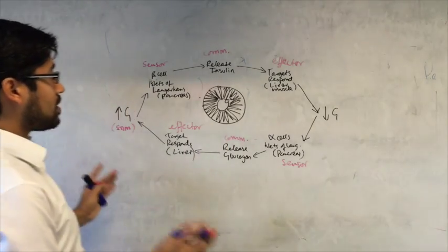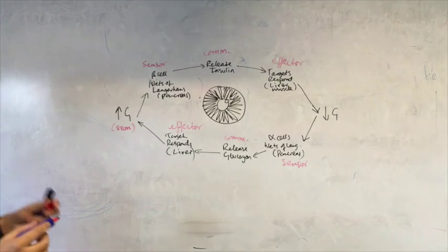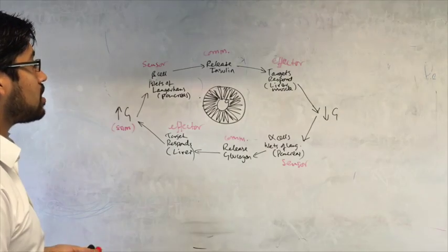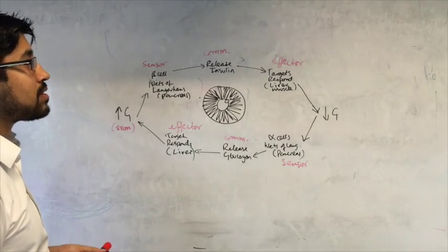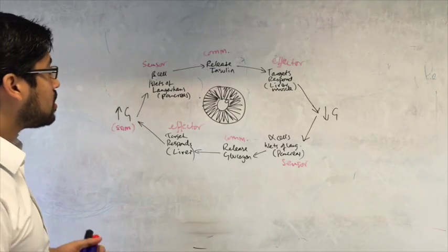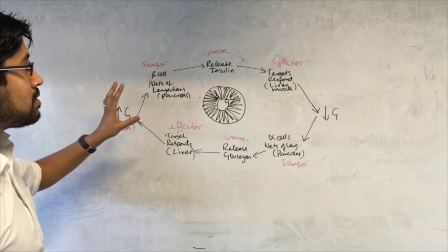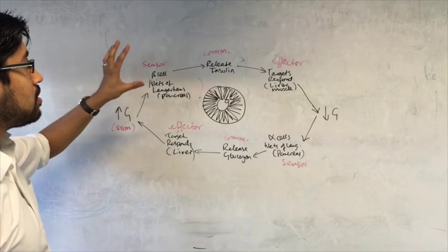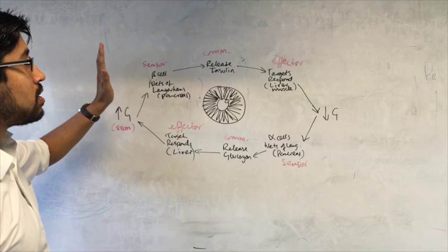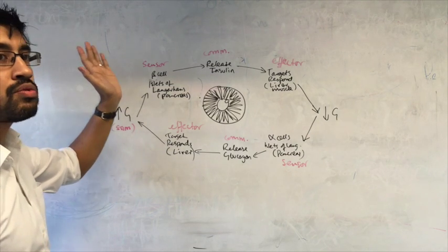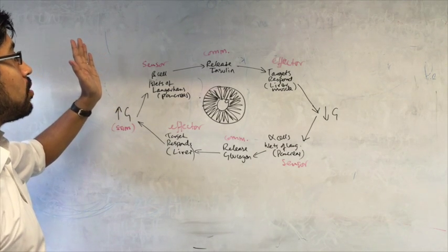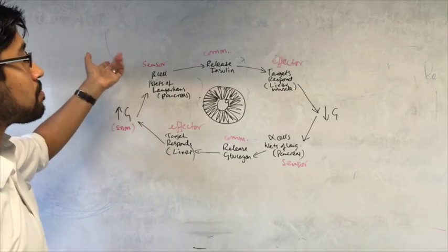Okay, so that's that. And now we'll look more closely at how this is happening, particularly the alpha and beta cells of the islets of Langerhans. How do they detect glucose and then secrete insulin, or release insulin, as a response to that?